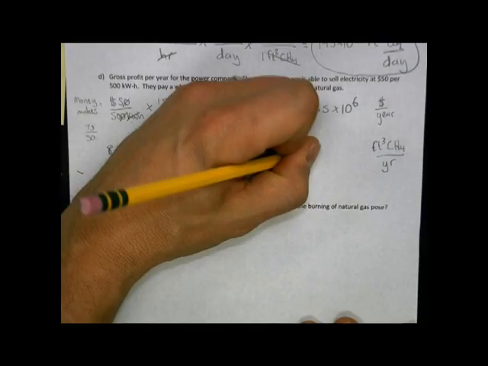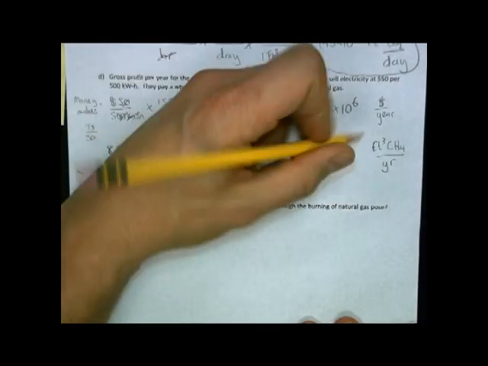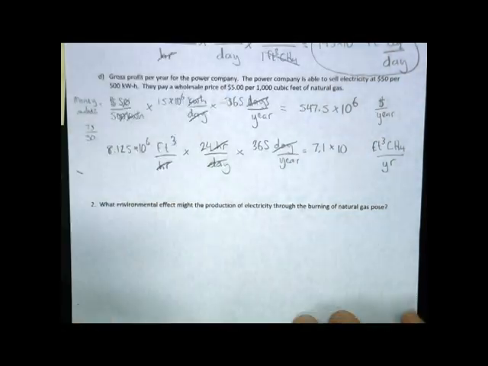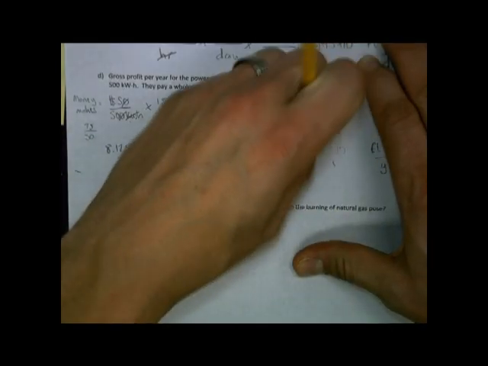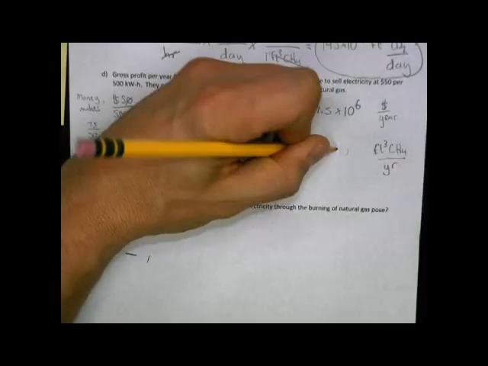And you do that math, and it comes out to about 710 times 10 to the 8th cubic feet of methane per year. So now we know how much money they made, and we know how much methane they used.